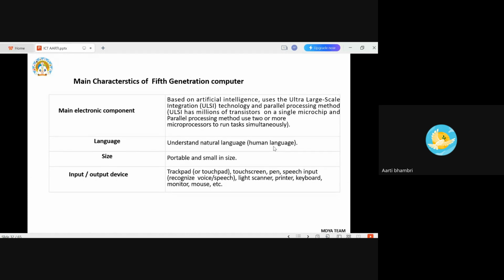Light scanner is not input and output. Monitor is just an output device. Mouse is just an input device. Keyboard is just an input device. This is a collection of both. I'm just giving you the example of Alexa and Siri.